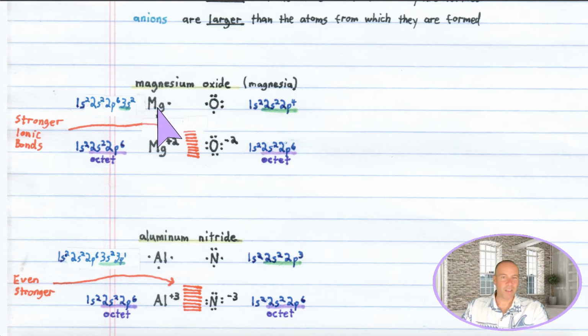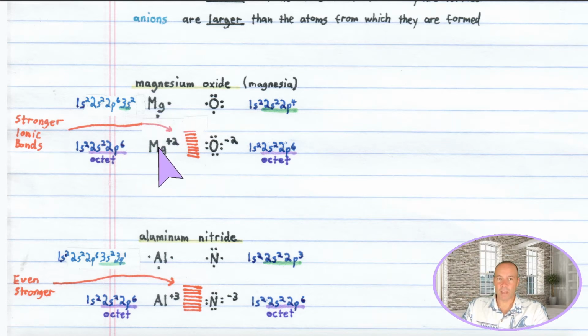So we know that electrons are going to be transferred, and they're going to be transferred in such a way so that the atoms achieve the same number of electrons as some noble gas. And if magnesium transfers both of its electrons all the way over to oxygen, then magnesium losing 2 electrons becomes a +2 cation, and it gets that electron configuration of neon.